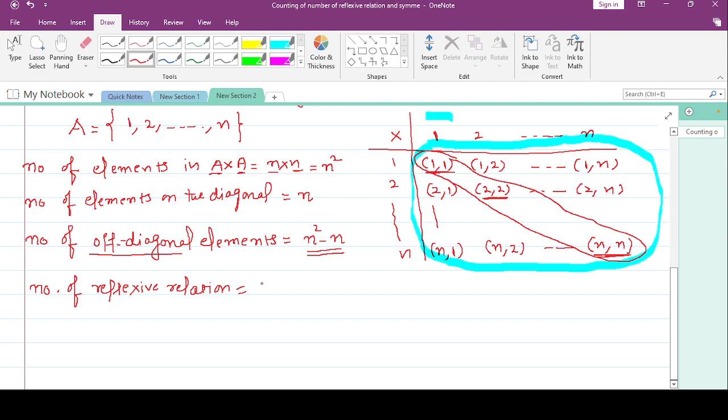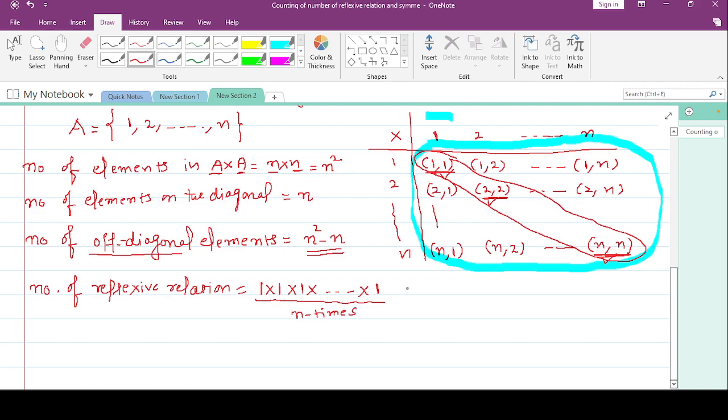So for these n elements I have only one option, because I always have to include these elements in my relation. So I am multiplying 1, n times.